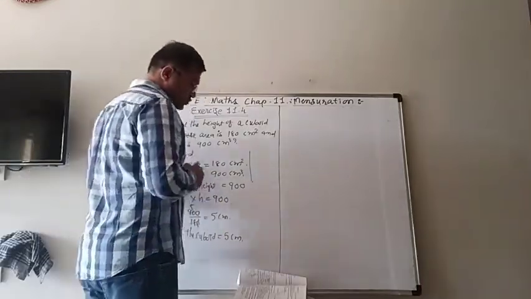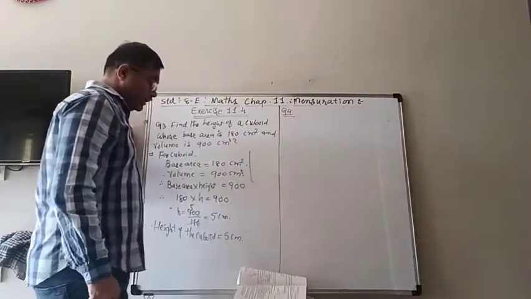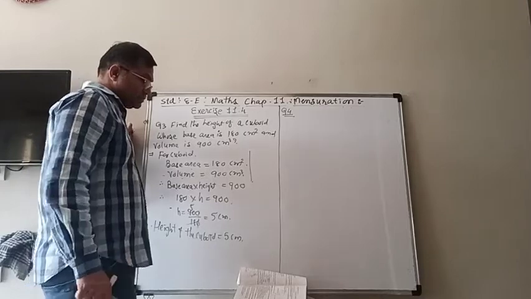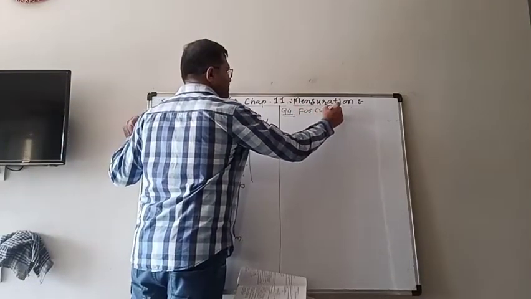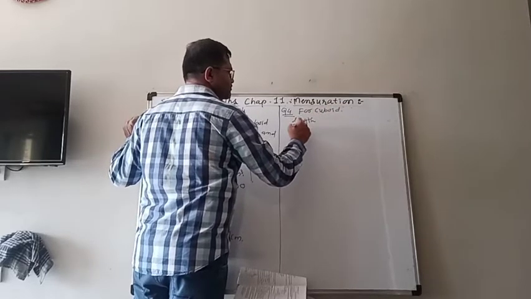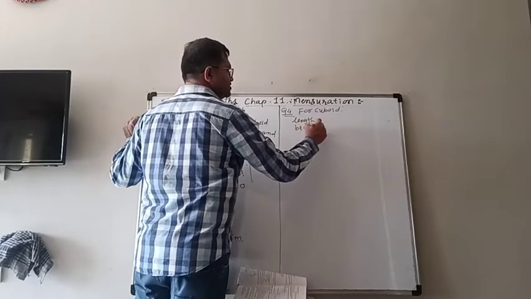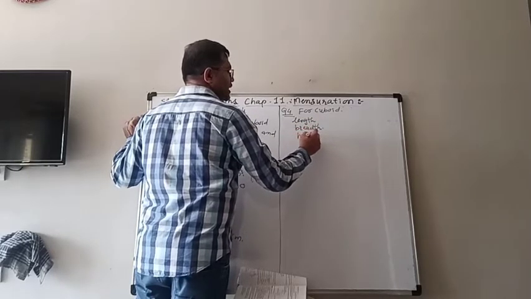Let's take question number 4. A cuboid. For the cuboid, the dimensions are given, meaning length, breadth and height.